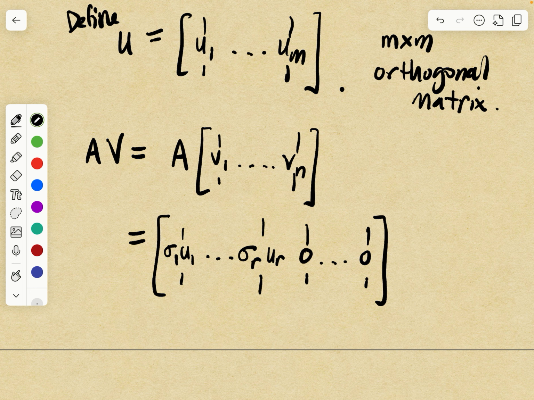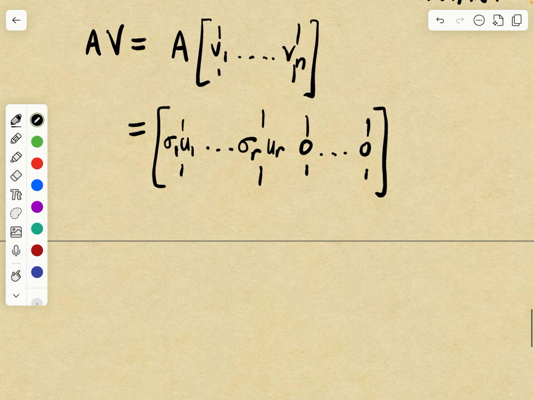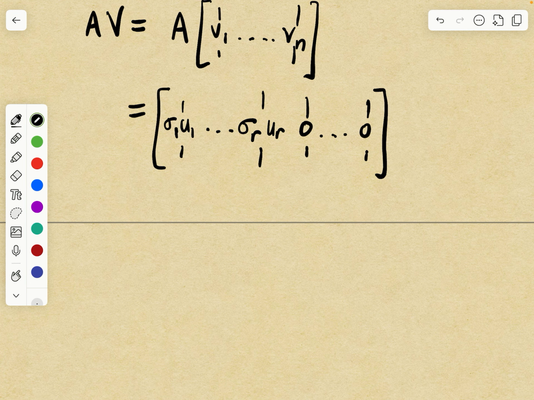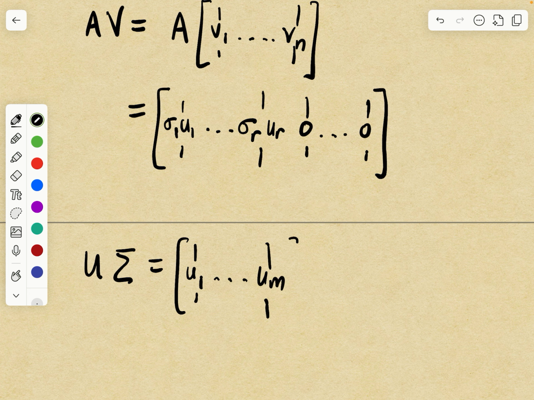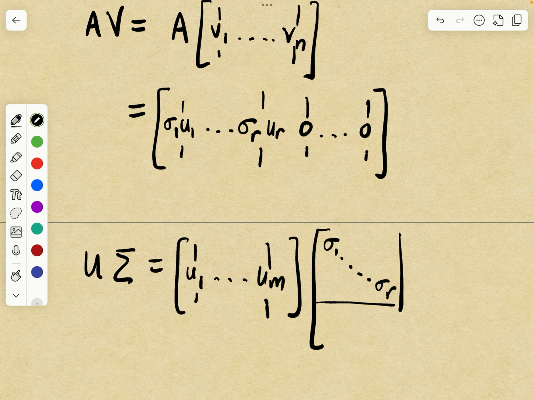And then when you take U times sigma, you get this matrix, U1 to UM. And when you multiply by capital sigma, it's the matrix where you have sigma 1 to sigma R and then zeros everywhere else.